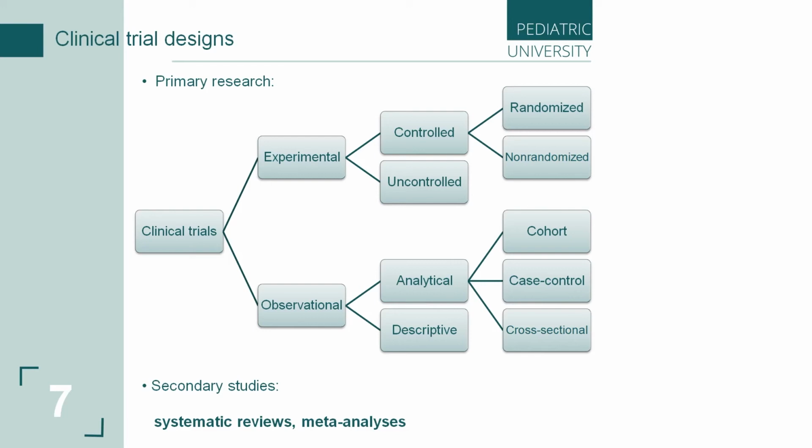That is, we compare the effect of the treatment with the effect of the intervention in the control group. The control group can be either a placebo or some already known treatment, a known drug, for example. And the experimental group is our new treatment whose effectiveness we want to test.